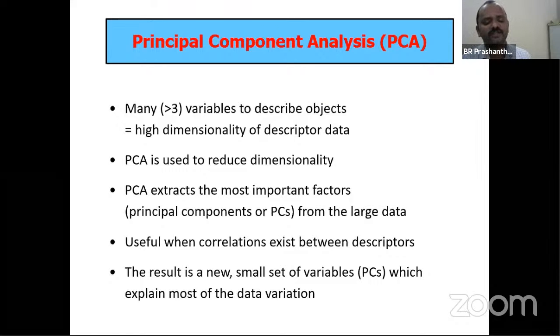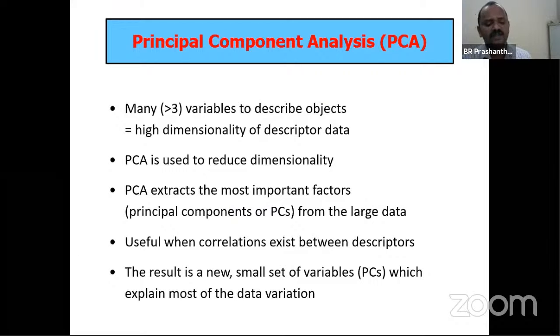If there are more than three variables, there will be high dimensionality of the data. That is why we use principal component analysis to reduce the dimensionality of the data.